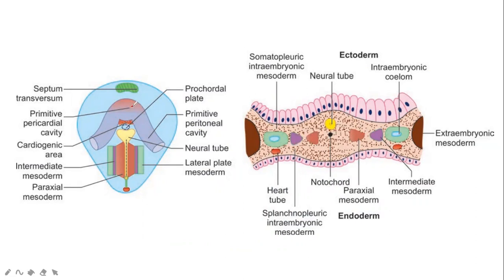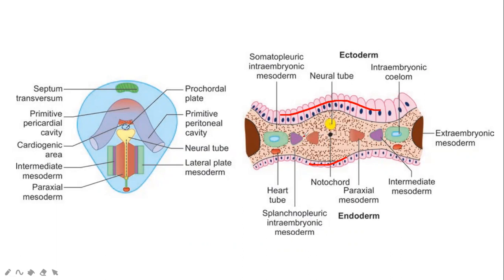So what we see is the ectoderm, the endoderm, and the mesoderm, but the mesoderm will then divide into compartments. That's the neural tube. That is basically the neural tube that will come from the ectoderm. We'll talk about neurulation just now.